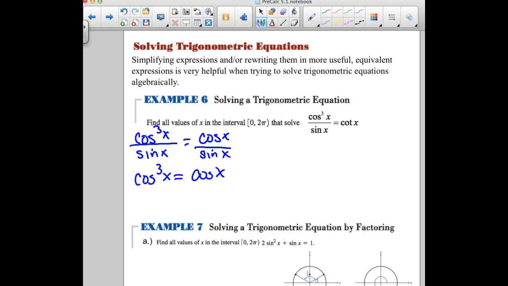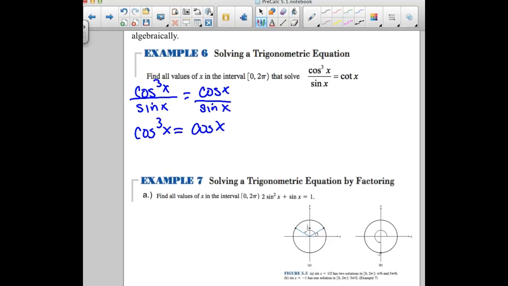All right. What we need to do now is get everything to one side so we can try to factor that expression. So I'm going to subtract cosine of x over to the left side, and now I have it equal to 0. And I can factor out a cosine from both of those.